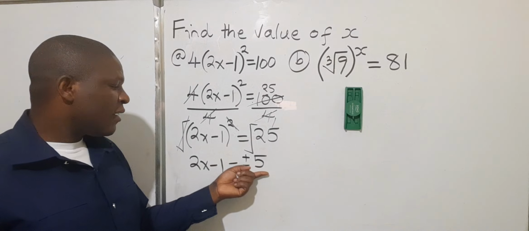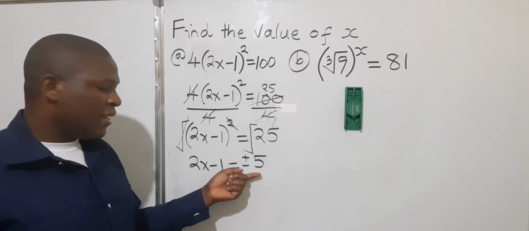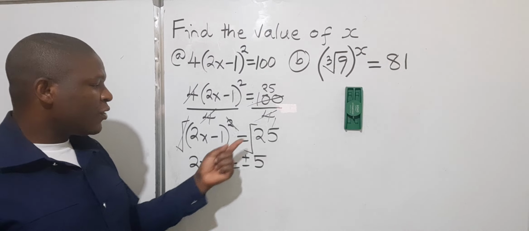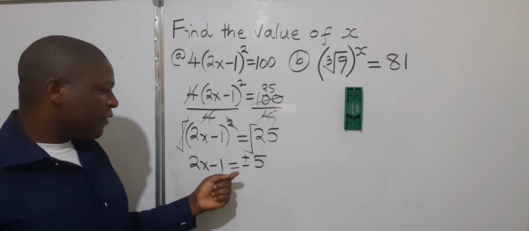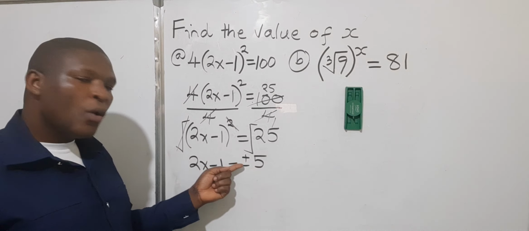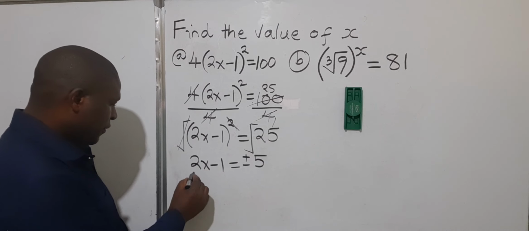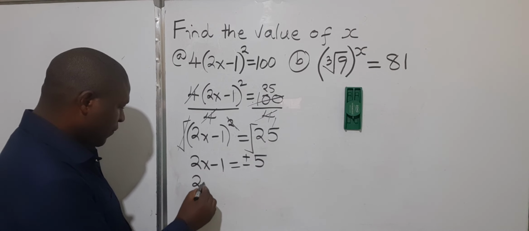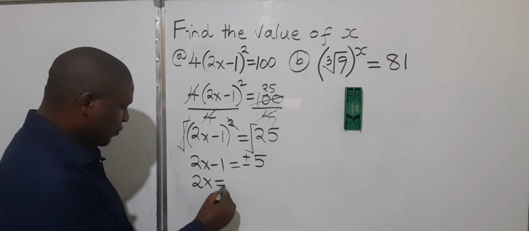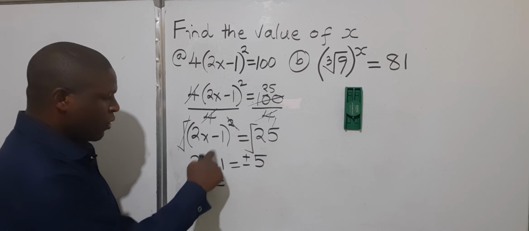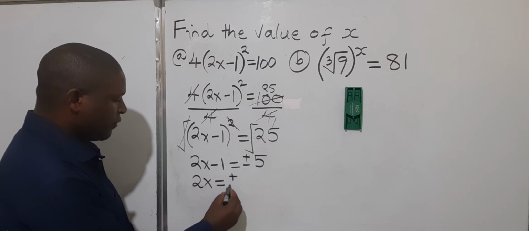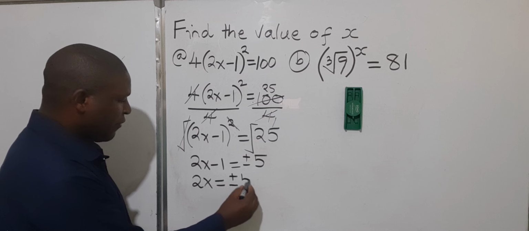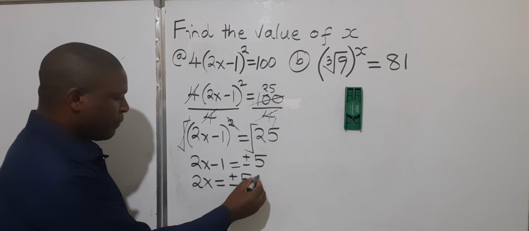This is where the secret is for this question. The square root of 25 is not just a 5, but the square root of 25 is a positive 5 or negative 5. So this will be 2x equals to, collecting like terms together, positive or negative 5, plus 1.